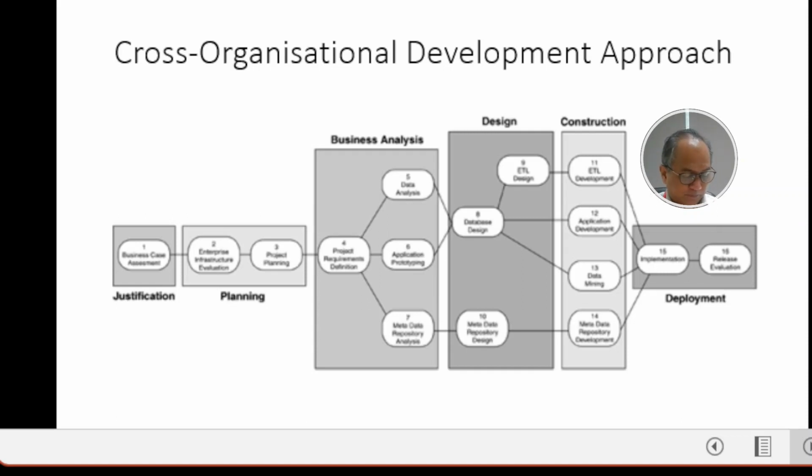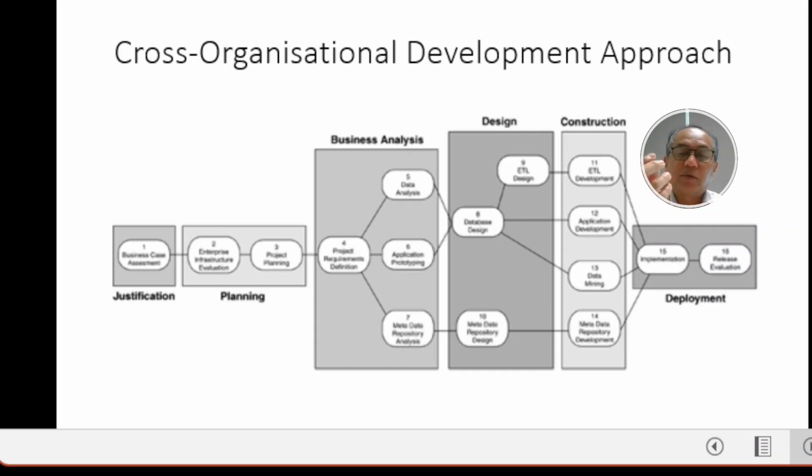Planning involves enterprise infrastructure evaluation, and then we do project planning. Business analysis begins with project requirements definition. We define the project requirements, and then we break up into three, which are data analysis, application prototyping, and metadata repository analysis. Metadata is the data about data. It supports the data analysis.